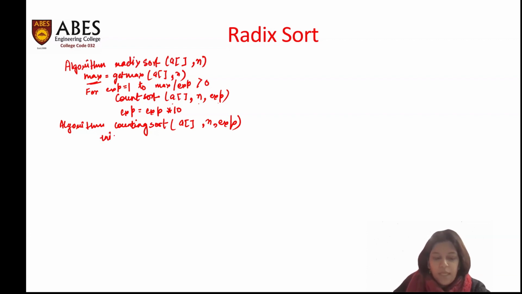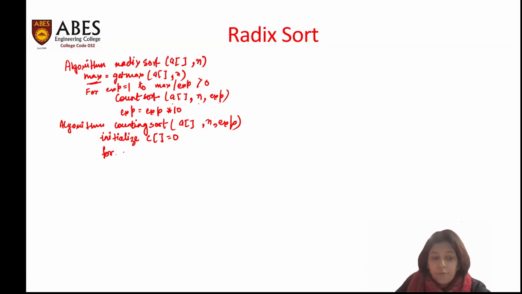The first and the foremost thing, as it was done earlier in the previous video, we have to initialize this C to 0 such that we can increment this counting array whenever we are going to get a number having the digit equivalent to the index, if you remember it, right?